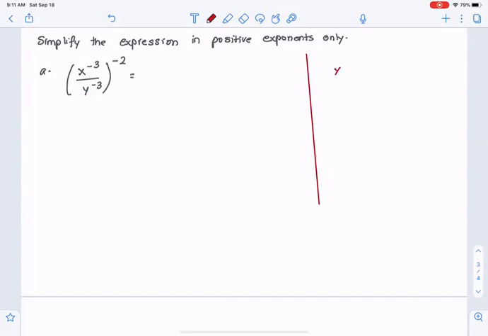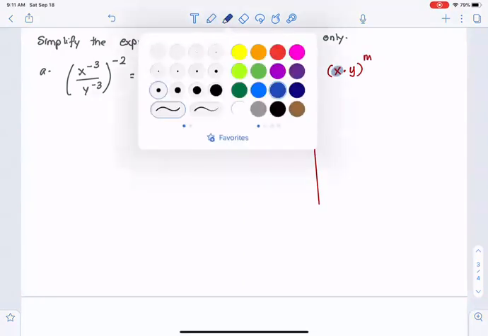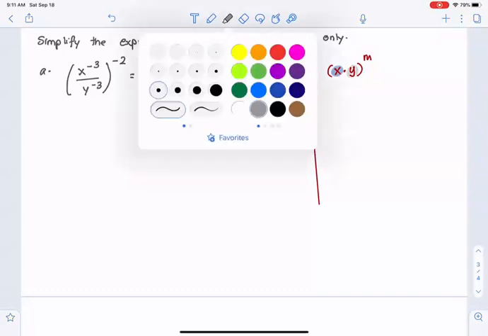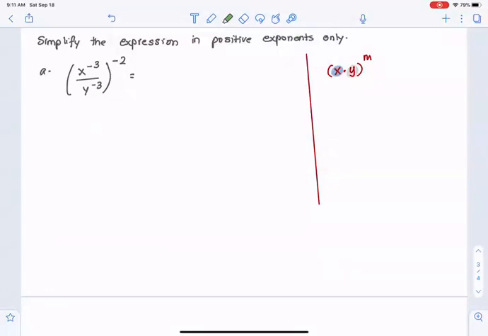If I have 2 different bases, x times y, but I use the same power, m. So here I have x, and then I have y, but the power is just m, and that is common to x and y. So I can write this as x raised m times y raised m.